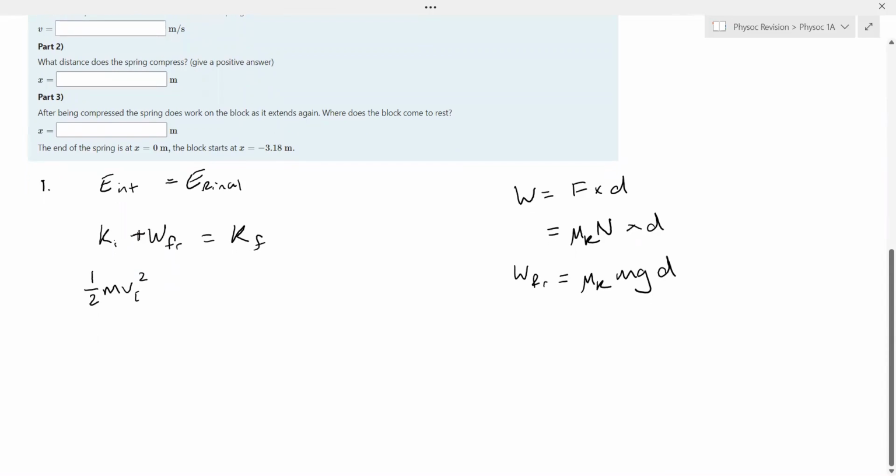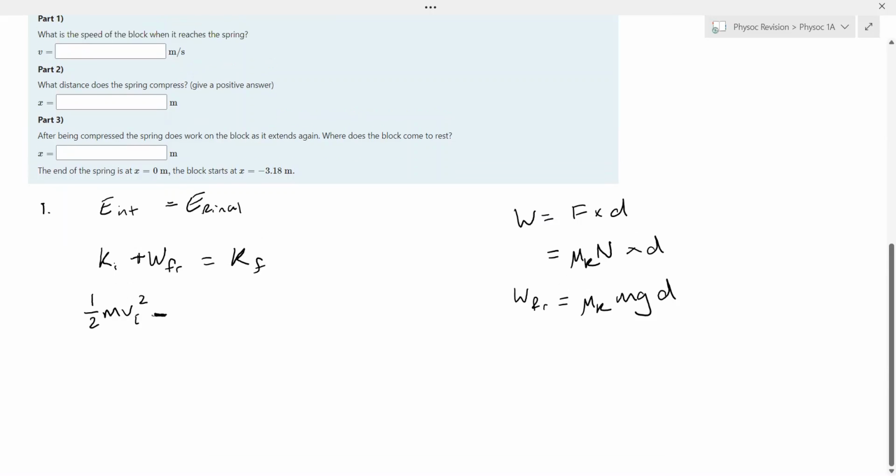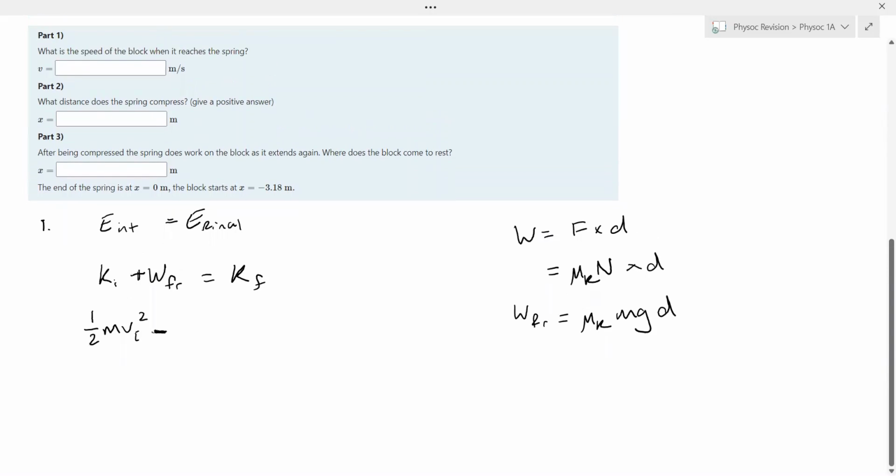So let's pop that in, and it's going to be a negative value. This block is doing work to overcome the friction, so it's losing that energy as a result of friction. So it's going to have a minus component on the initial value, because we want our final kinetic energy to be smaller because we lost energy.